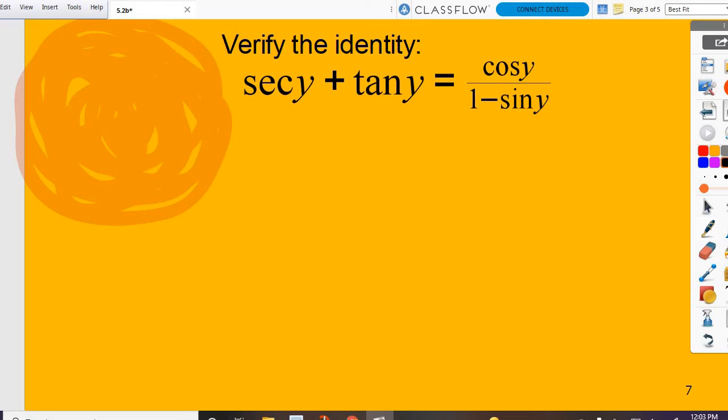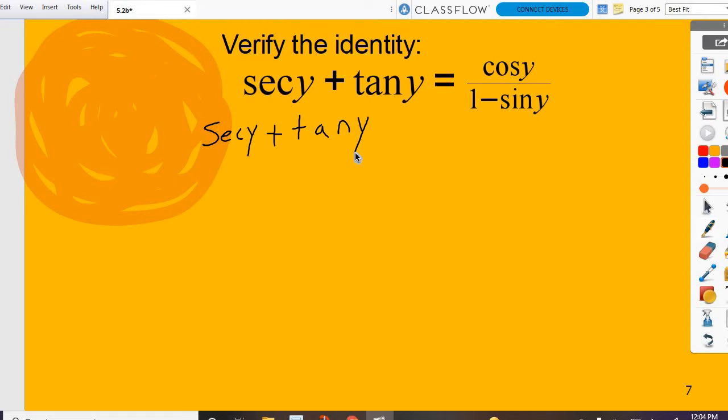So, if I start with secant of y plus tangent of y, again, if I look at the right side, that's what we want to end up with. What does it have in it? Cosine and sine. So what might it be helpful for us to convert things to? Cosine and sine.